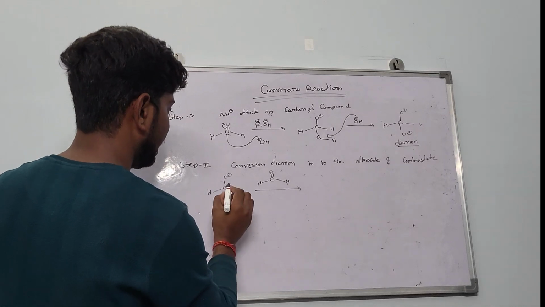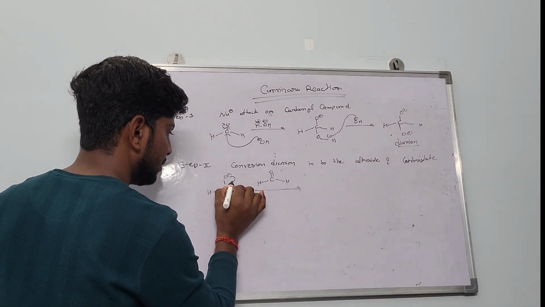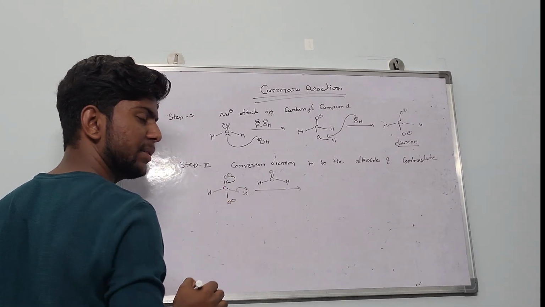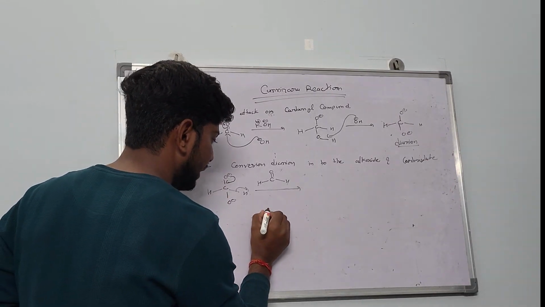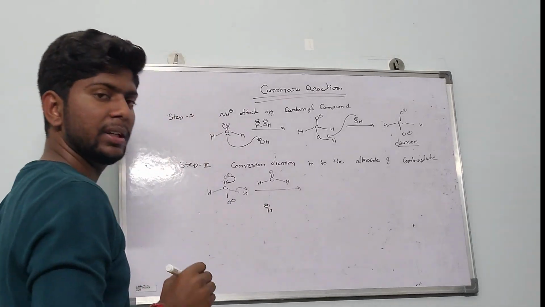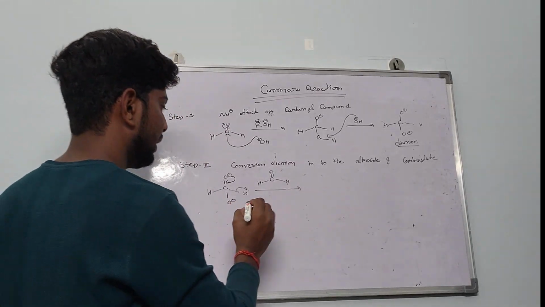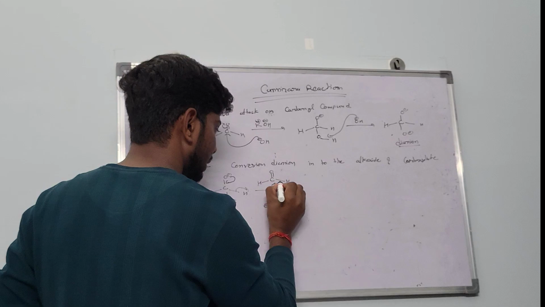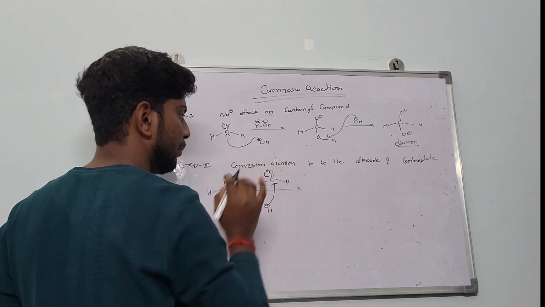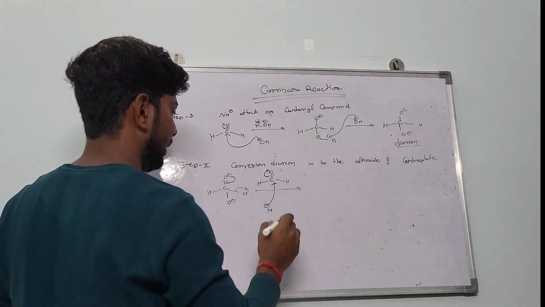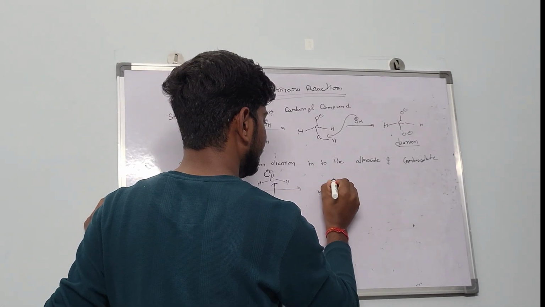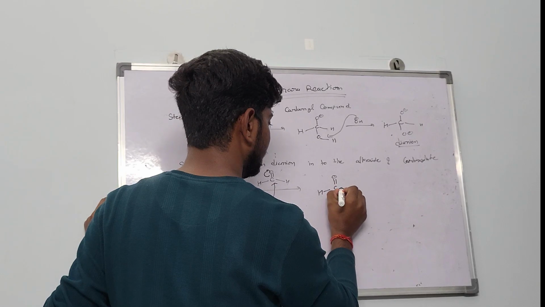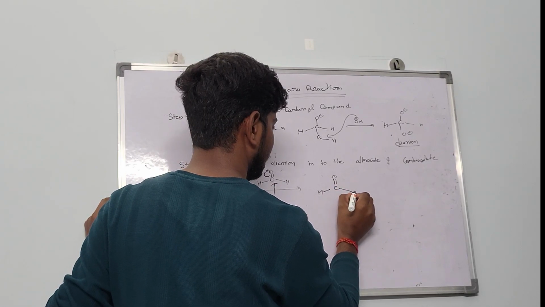We know that the oxygen negative charge will come here and the hydrogen is kicked out in the form of H minus, the hydride form. The hydride will be attached on this carbon and break the double bond, and it is made like that: H single bond C double bond O, single bond O negative.